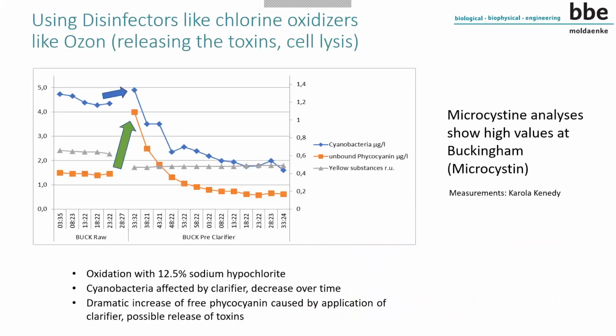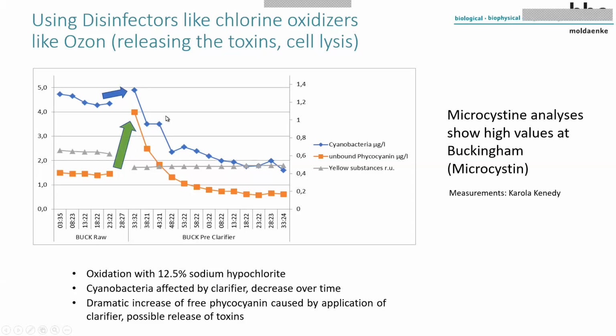I will show you some examples also from this Buckingham Park measurement. You saw on these yearly graphs only the raw water, but they measure the different treatment steps with this instrument. And you see here on the left-hand side the raw water in Buckingham, and then it measures the water oxidated with 12.5 sodium hypochlorite.